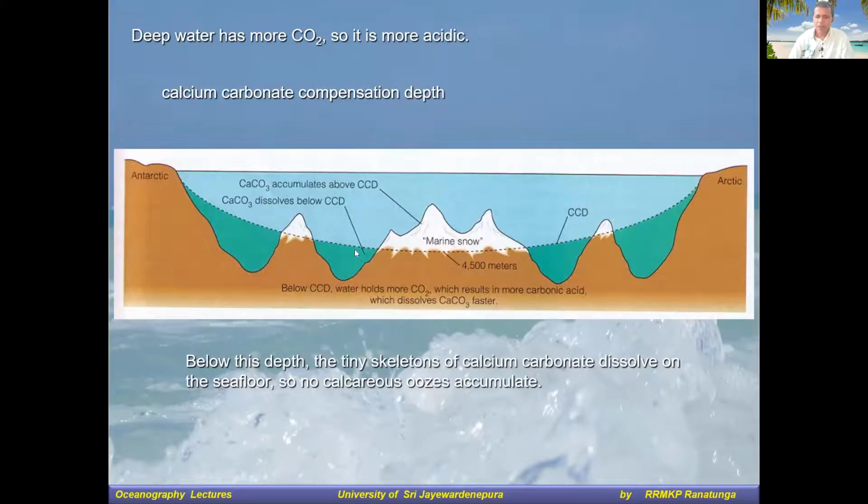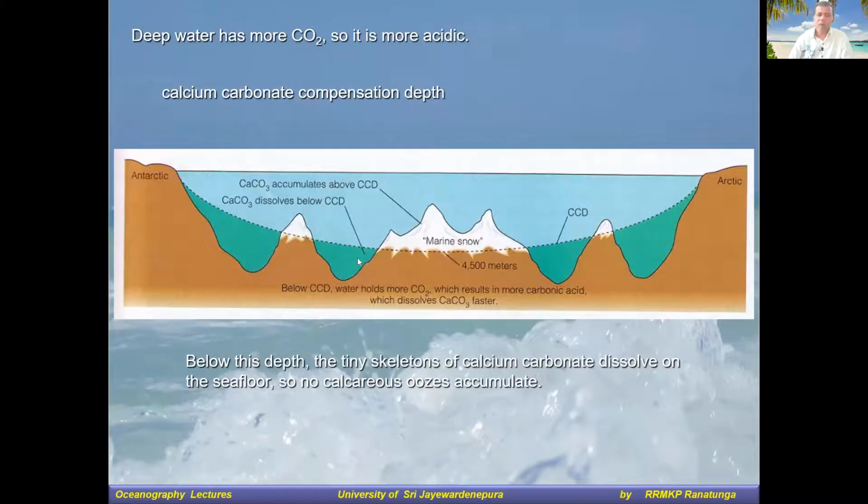because of the high pressure, more carbon dioxide is dissolved, making the water more acidic. Right? And density is also high because the temperature is low here. The acidity is high and the density is high because of the low temperature. You know, when the temperature is low, the density increases.